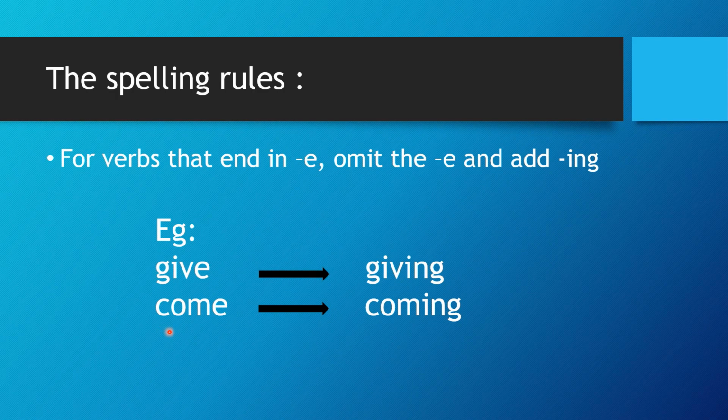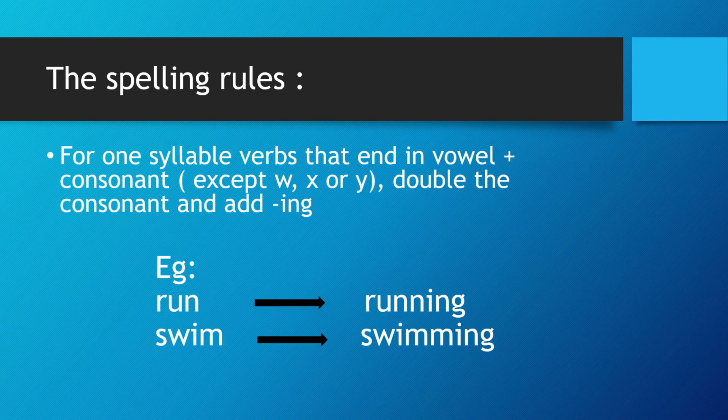Next, come. So we omit e from come and we add ing, so it becomes coming. C-O-M-I-N-G, coming. Okay, the next spelling rule is for one syllable verbs that end in vowel plus consonant except W, X, or Y. So for one syllable verbs, we double the consonant and add ing.